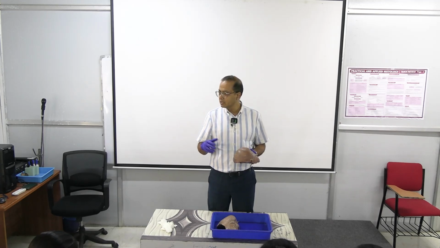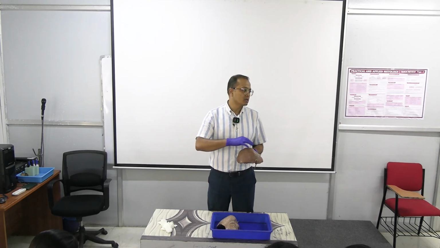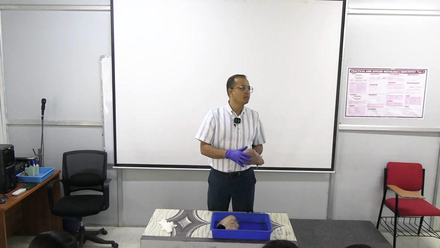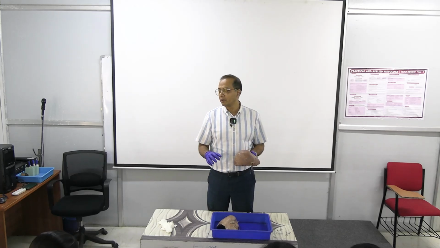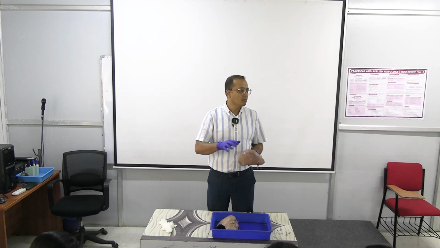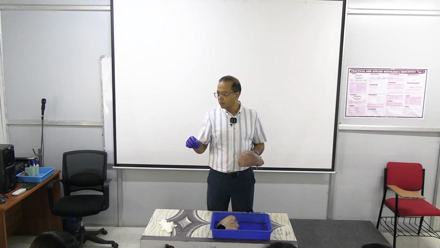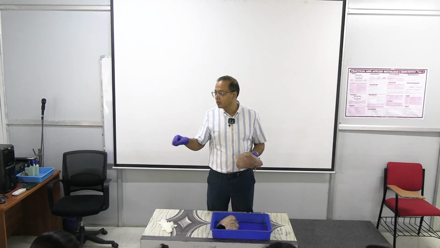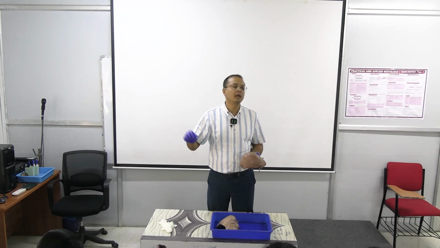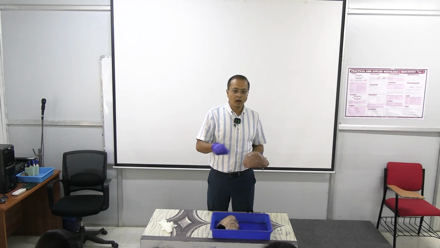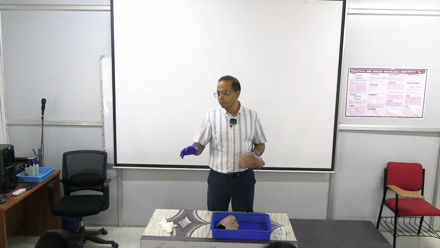Some areas are not covered by the peritoneum. We call them the peritoneal area of the liver and the non-peritoneal area of the liver. The non-peritoneal areas of the liver we call the bare areas, B-A-R-E, bare, which are not covered with peritoneum.